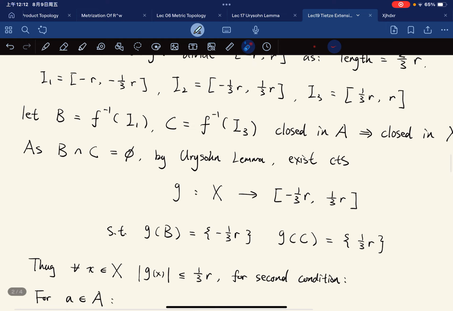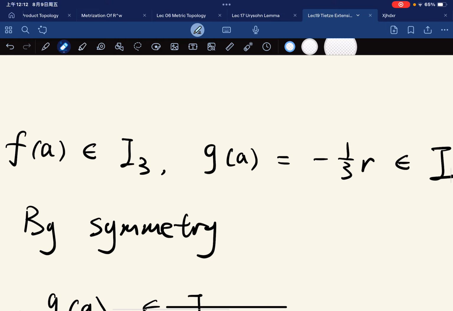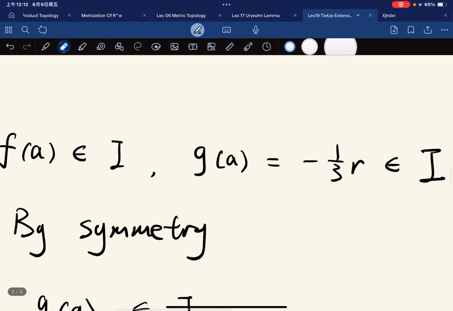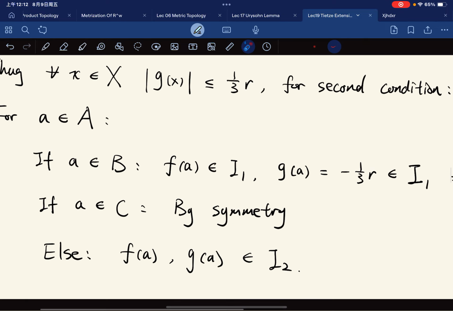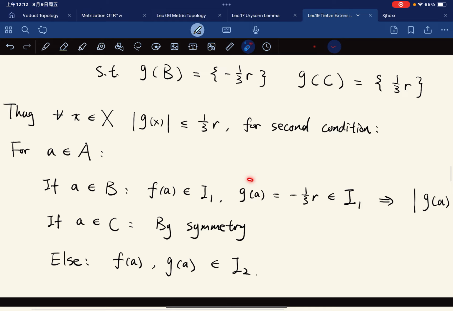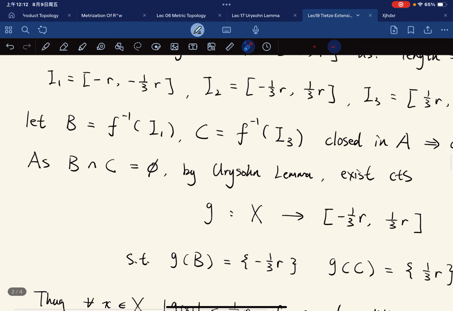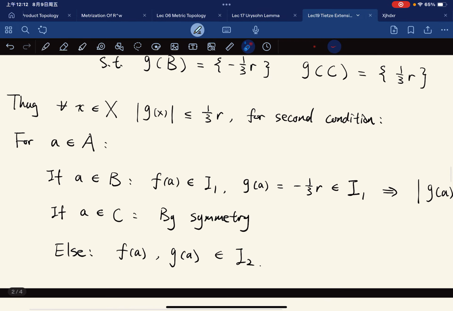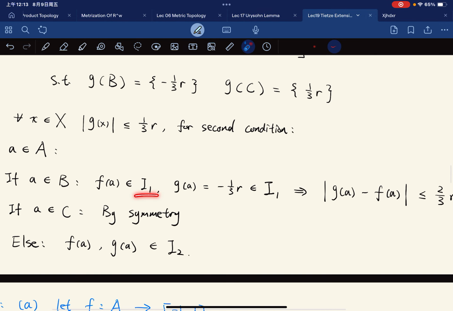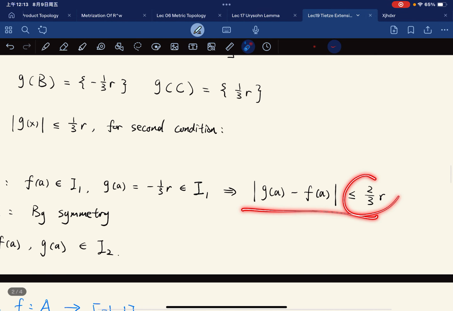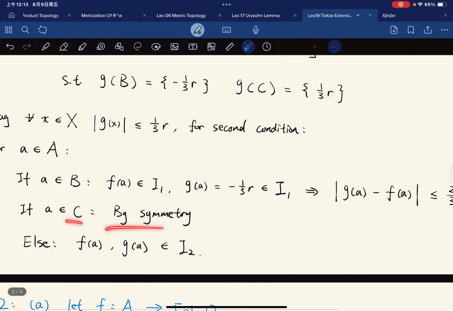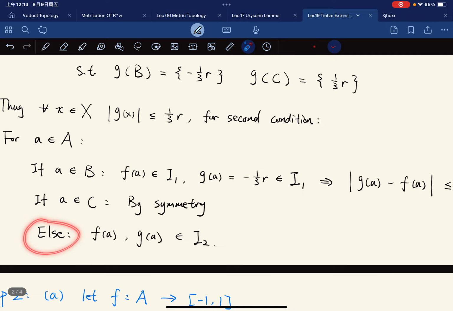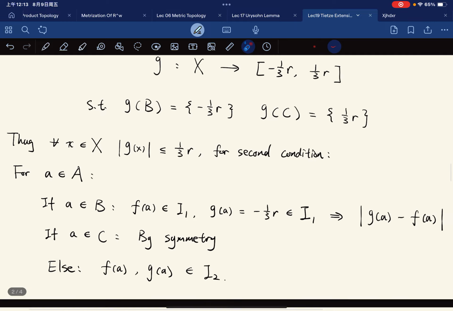Sorry, it should be I1. So F(a) is in I1, and G(a) is obviously equal to this value, which is also in I1, which means that they all lie in I1, and the length of I1, remember, is 2r/3. And for a in C it is by symmetry.